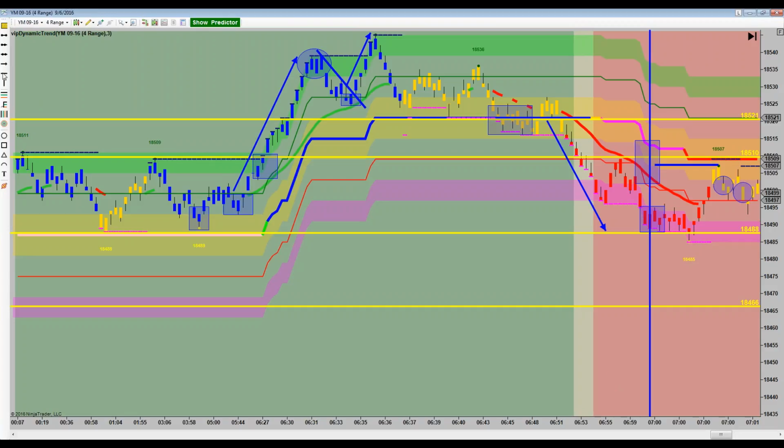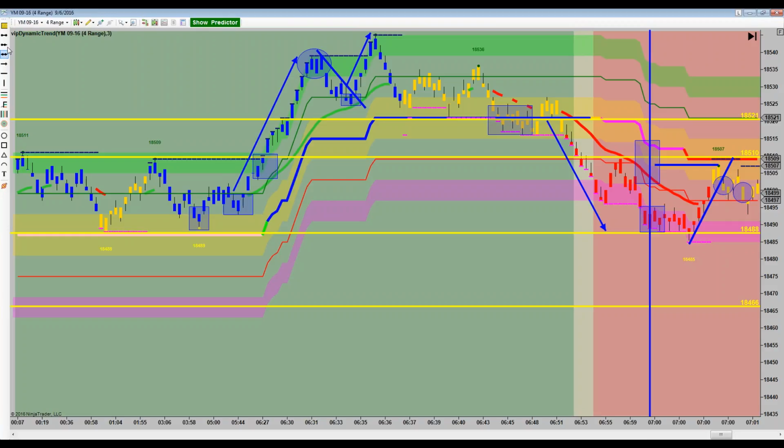Now for those of you that use the line or the ray tool, depending on how tightly you drew it, if you drew the line or the ray like this, super tight at a high angle, you would have also been filled short on that bar right there. Right here, because it closed below the line. If it was a ray, it would have closed there.